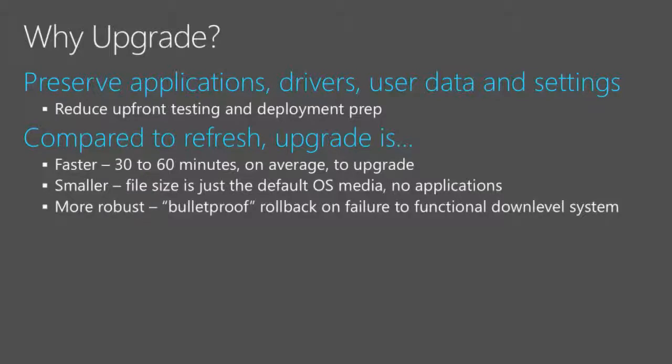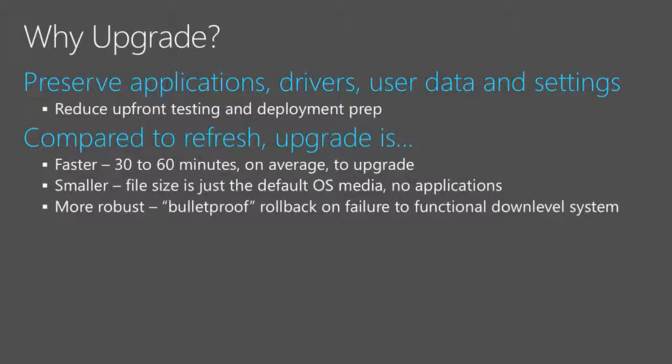And upgrade is really robust. If something goes wrong during the upgrade process, it'll detect that. You might get a stop error, but if you reboot the system, it'll actually boot back into the previous OS. It'll roll back. And so it's much more resilient to problems. You won't leave the system as a brick, which today, if you're doing a deployment and you're in the middle of imaging and something goes wrong, that system's toast, right?